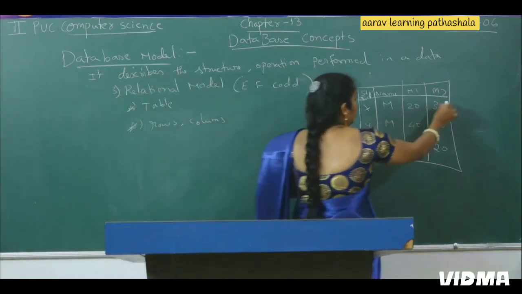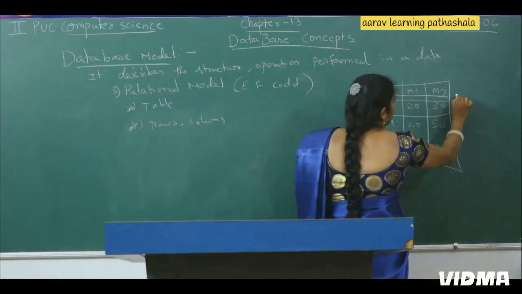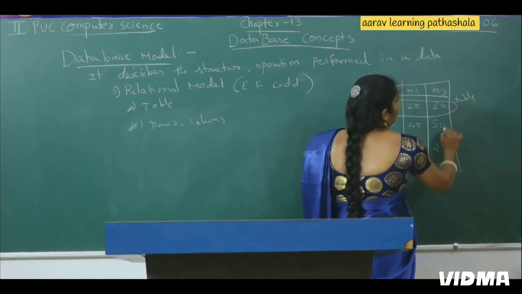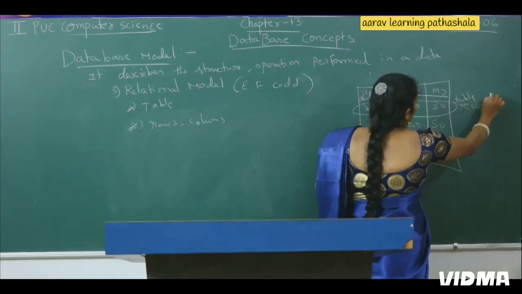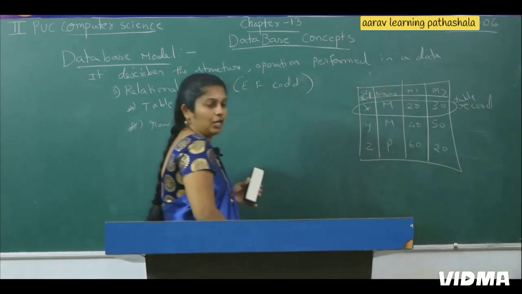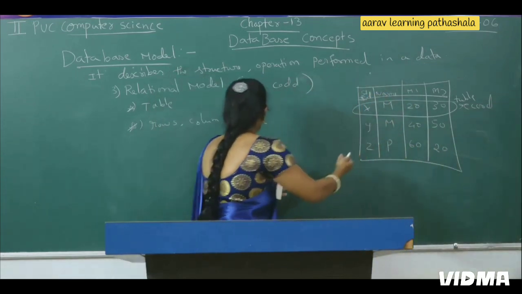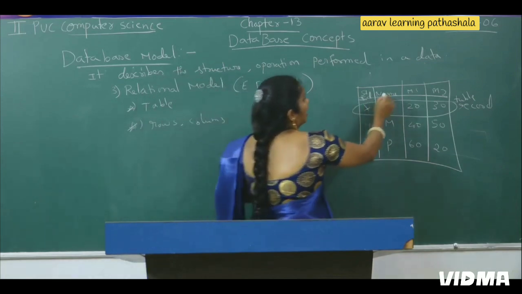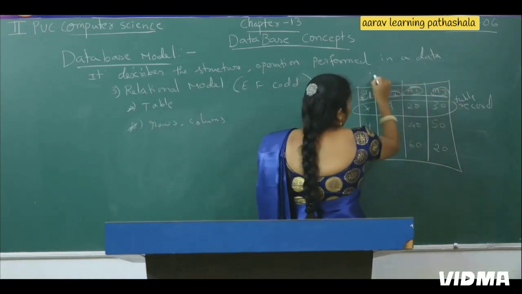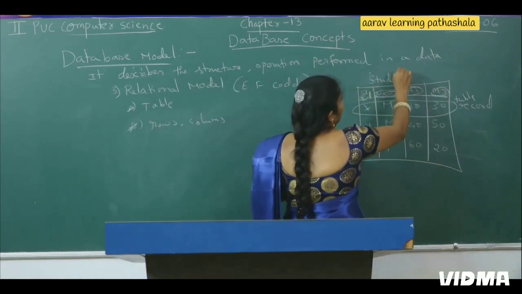Here the entire row of values can be called a tuple, or we can say a record. The collection of an entire column's values can be called a domain. Here also we have attributes and entities.